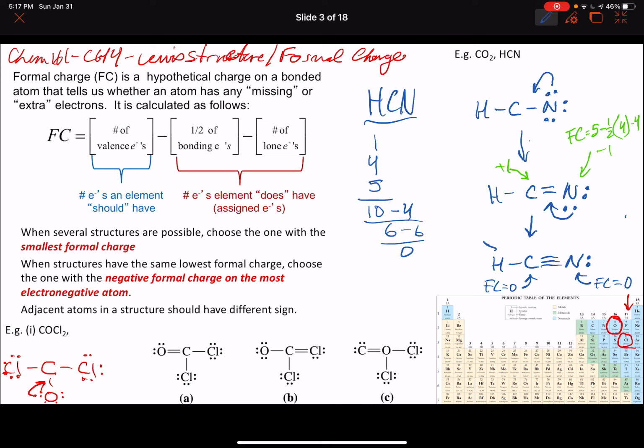And then we can even do the formal charge on the hydrogen. Formal charge of hydrogen is going to equal 1 minus half of 2, and that is going to give us a formal charge of 0. We've got formal charges of 0 at each atom center. This is the best option. Our final Lewis structure is this one, rationalized both by octets as well as formal charge checks.